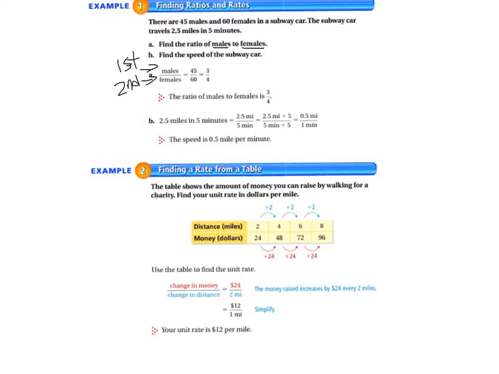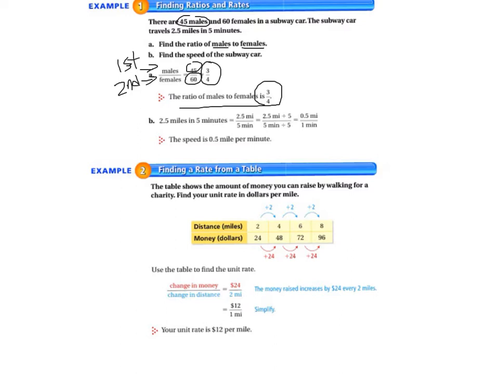And so, since males is in the numerator, that's the number that goes in the numerator, and females is in the denominator, so that's the number that goes in the denominator, and when we simplify, that becomes 3/4. So the ratio of males to females is 3 to 4, or 3/4.